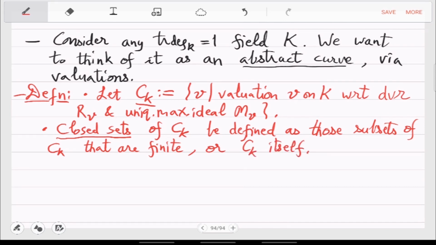Right, C_K is also a closed set, of course, and everything else only pick finite ones. That will be a good choice from our experience of curves. Open sets will then be the complements.